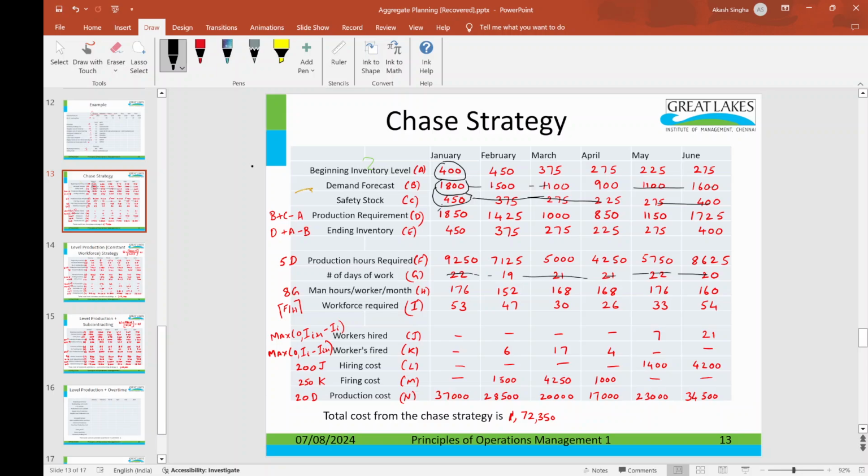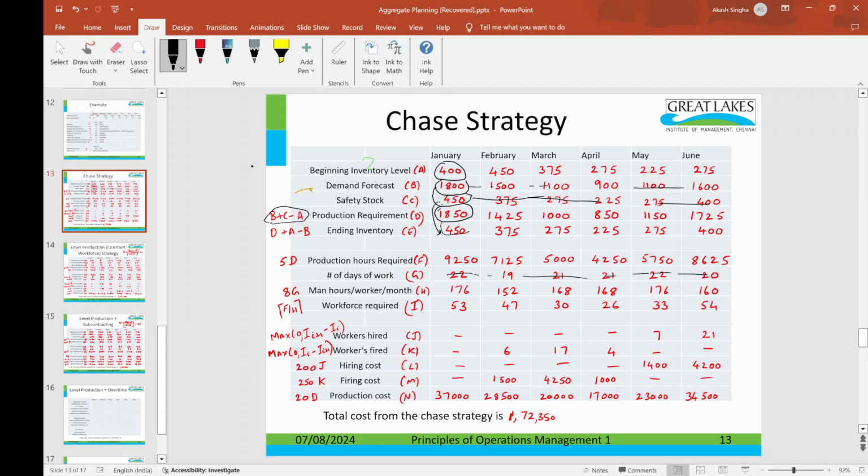So B plus C minus A, whatever. Just look at this value. I'll just go through why it's happening. We have demand of 1800 in the month and 450 we need to have in the ending inventory. So total 2250 is needed and 400 was already there. So we need new production of 1850. Now safety stock should be our ending inventory because that's what chase strategy follows.